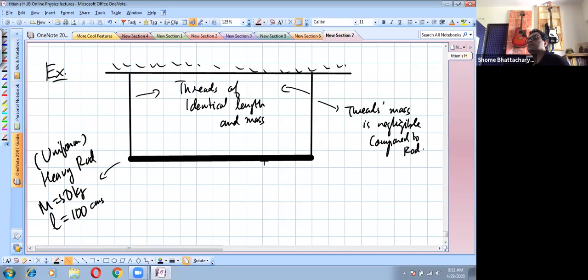Now what we are also doing is that we are attaching somewhere over here a block kind of thing, of some mass m prime, but at a distance d of 40 centimeters from this end.